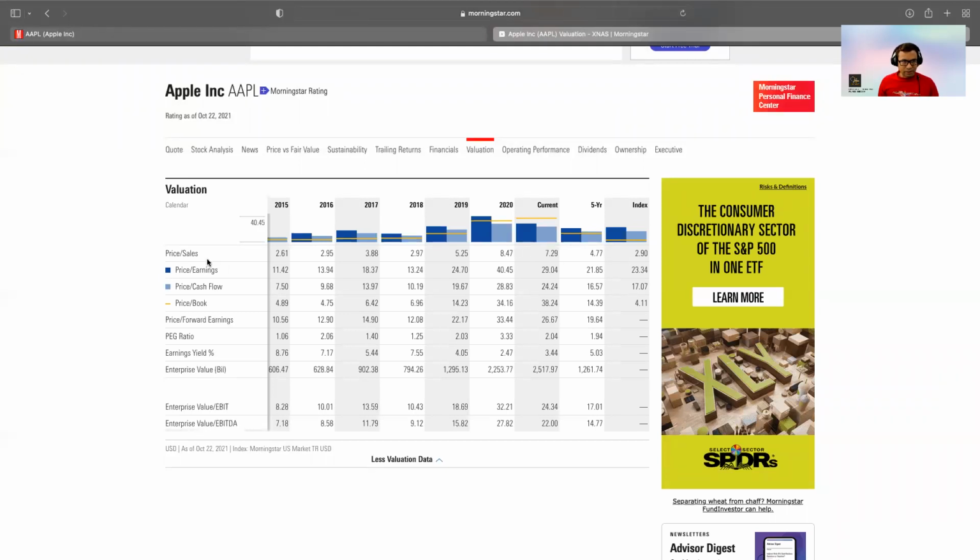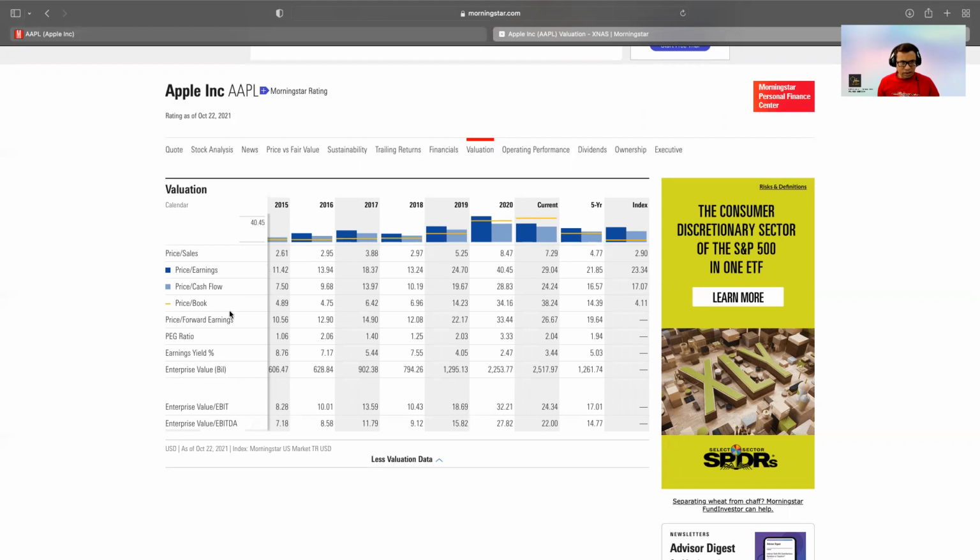So we have a price per sales, price per earning. Basically, these are the valuations in terms of relative comparison of the multiples. Comparative multiples, basically price compared with earnings, or price compared to sales, cash flow, book value, and PEG, etc. We have an earning yield too, and we have an enterprise value over EBIT or EBITDA.